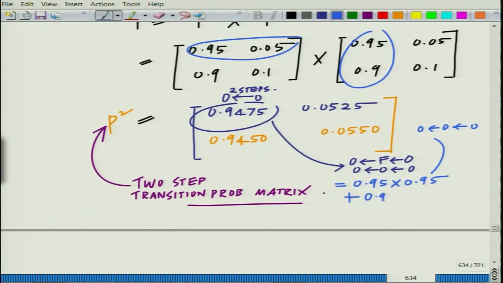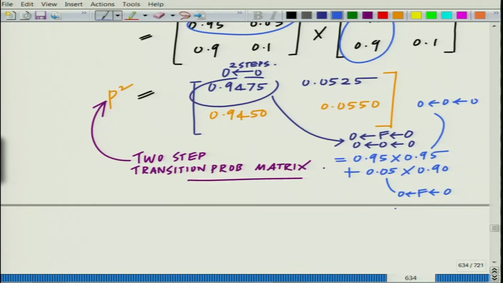So, 0.95 into 0.95, plus you have either it goes from operational to faulty, that is your probability 0.05, and subsequently it is repaired. That is logical, and that you can see is essentially what you get as 0.9475, that is, it goes from operational to operational in 2 steps.